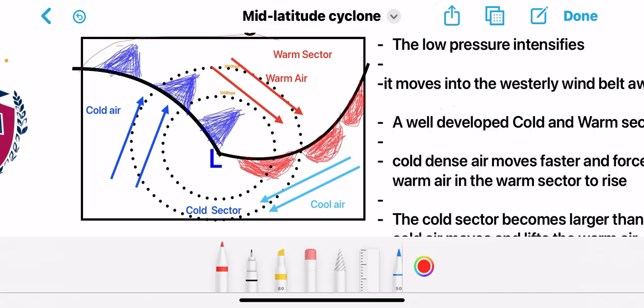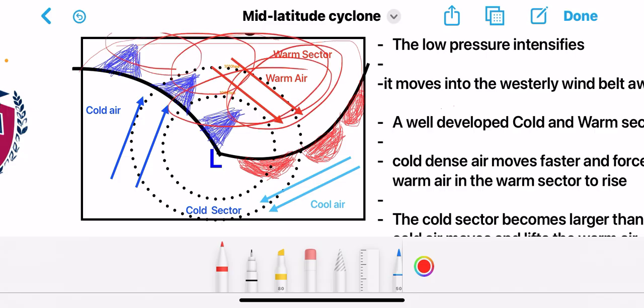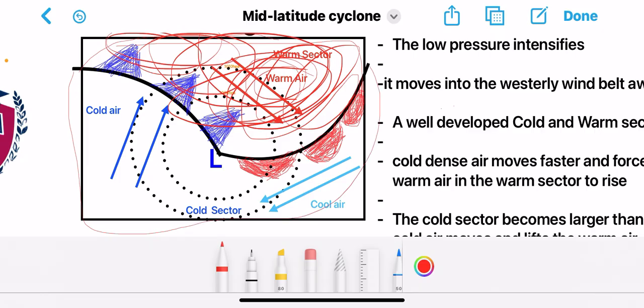Now this whole part, the part up to here, actually the whole of this, it is the warm front. Why is it a warm front? Because we have warm air inside of it. Now this part, we call it the cold sector. As you can see, cold sector, warm sector here.